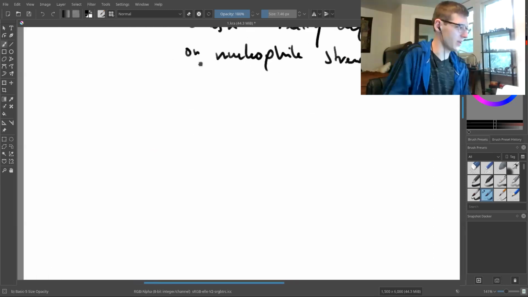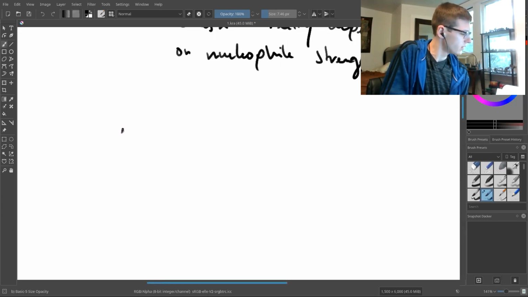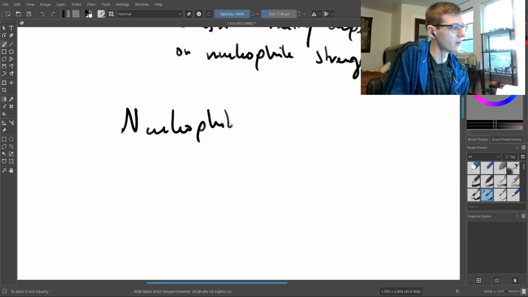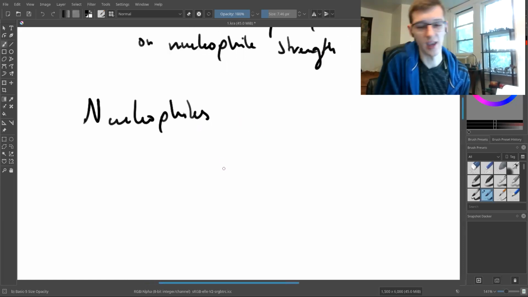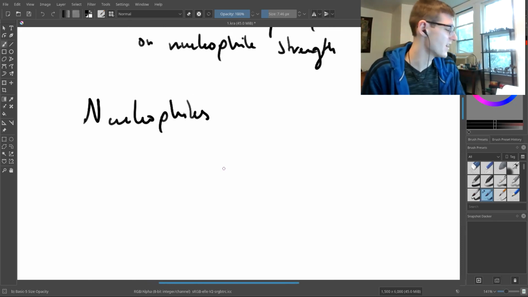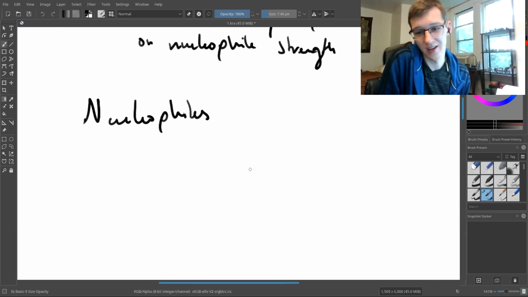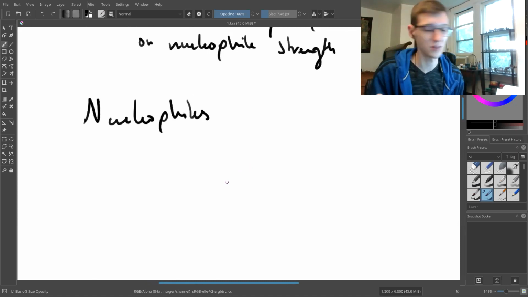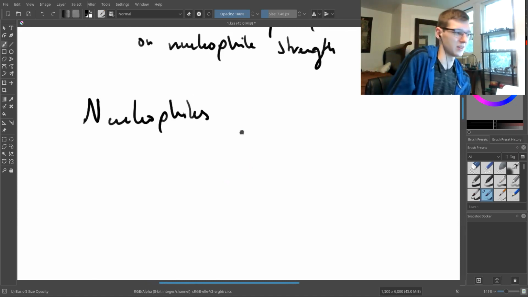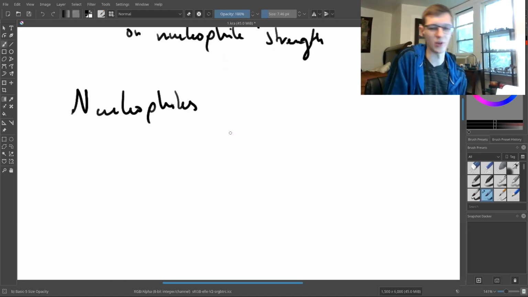Okay, and then, last week I also said, well, there's this kind of table, right? So we could say nucleophiles. There's not a ton of different types of nucleophiles that you'll see. They're generally pretty specific. There are some ways to rank how good of a nucleophile there is, but it's not the most reliable thing.